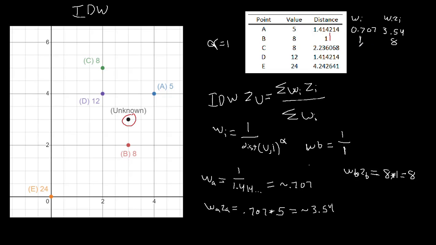So what I'm going to do now is I'm going to actually speed things up, and I'm just going to write down what you would get if you did the rest of these. So if you want extra practice, I would encourage you to pause the video and calculate these 2 columns yourself. I'm just going to write down the answers. So this is going to be approximately 0.447. This is going to be approximately 0.707. And this is going to be approximately 0.235.